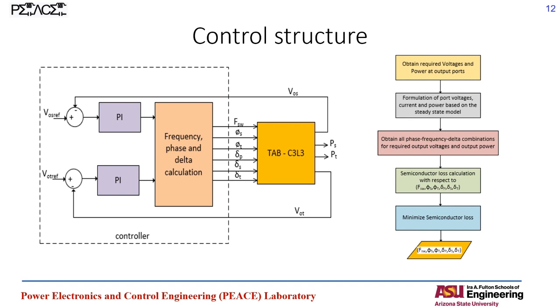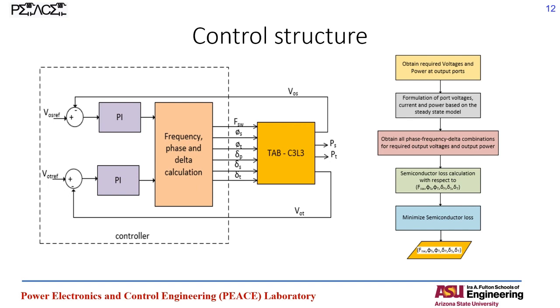For a given output power and output voltage, it might have several different combinations of frequency, phase and deltas. Once it obtains all of those values, it runs through the semiconductor loss model routine, and that loss model routine will generate the semiconductor losses at each of those different phase frequency delta combinations.